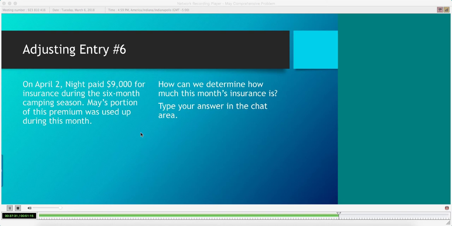There are multiple ways. I thought of one way, students thought of another way. Exactly. When I did this last quarter with students, they came up with the 9,000 divided by 6, and I never thought about doing it that way.